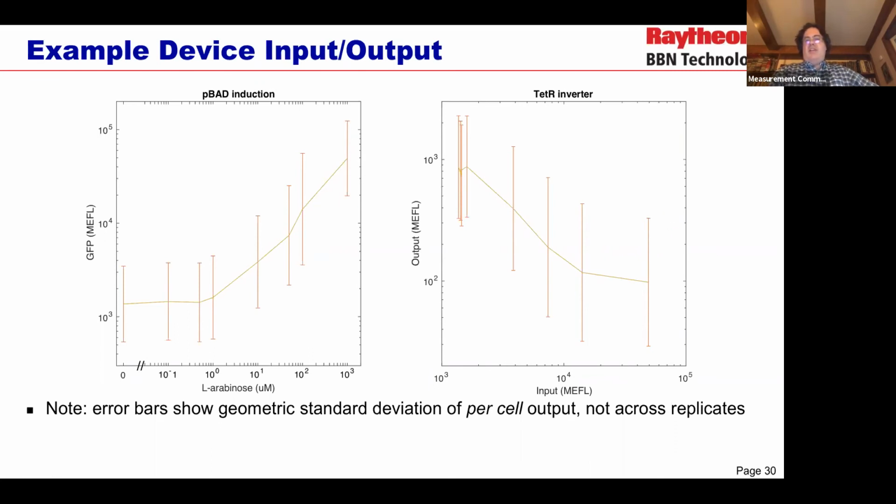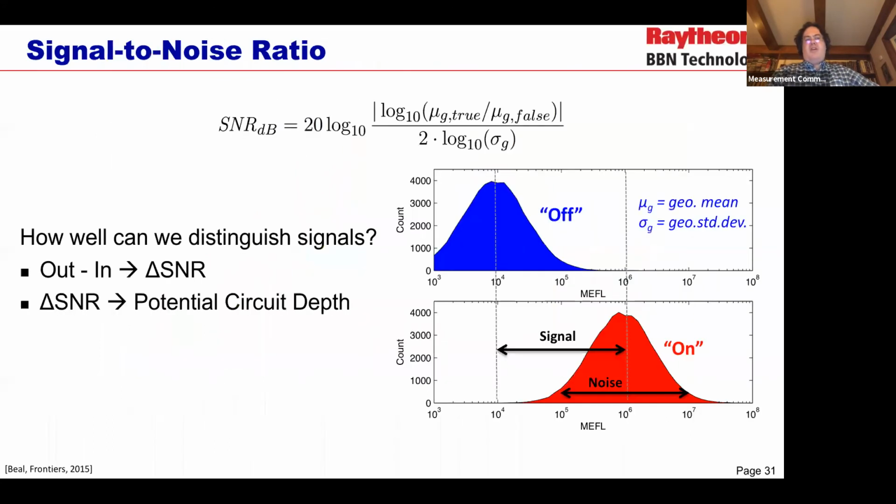So let's think a little bit more about how to be systematic about understanding what's going on here. And what does this tell us for models and for devices? One of the nice tools that we can bring in is an idea of signal to noise ratio.